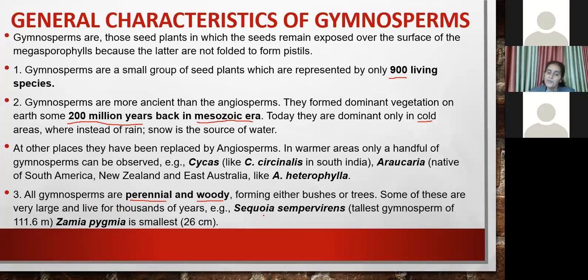Out of which Sequoia sempervirens is the tallest and oldest one. It is tallest, having 111.6 meters of height. And the smallest gymnosperm, Zamia pygmaea, is only about 26 centimeters tall. तो इतने छोटे से इतने बड़े तक 116 meters is quite good height.